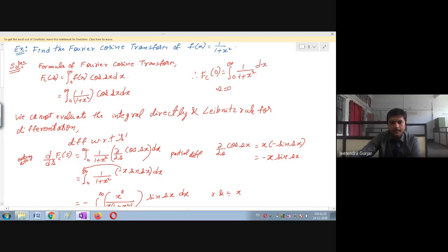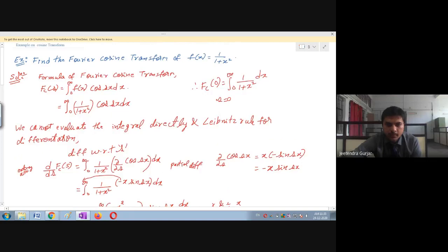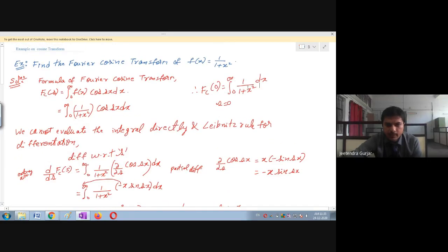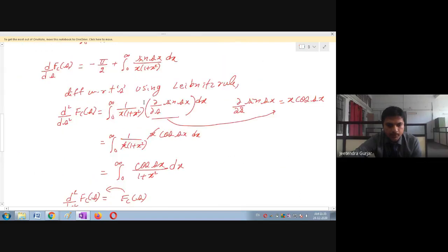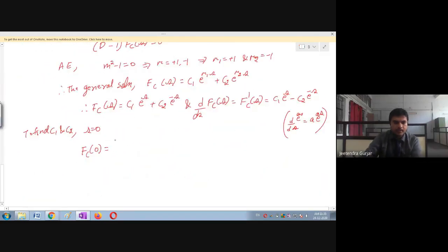Therefore, f c 0 will be the integral 0 to infinity 1 upon 1 plus x square dx. So that value I will substitute here. So therefore this integral 0 to infinity 1 upon 1 plus x square dx is equal to, yes friends, I will keep this c1, right, and as it is e raised to 0, e raised to 0 is 1, already you know.